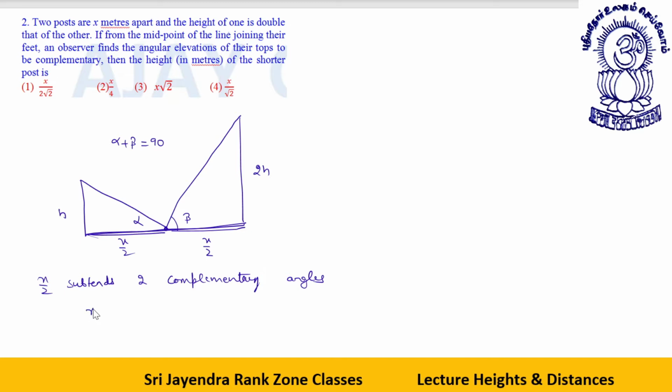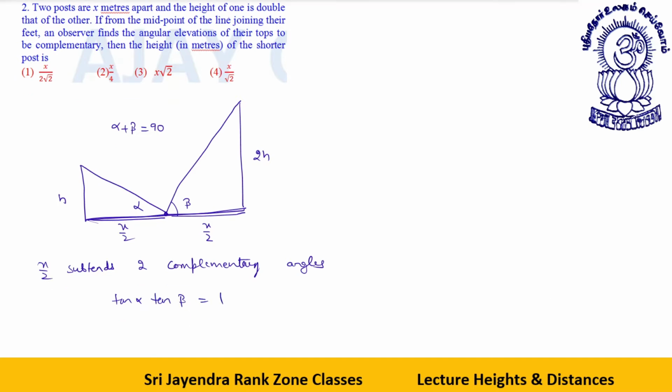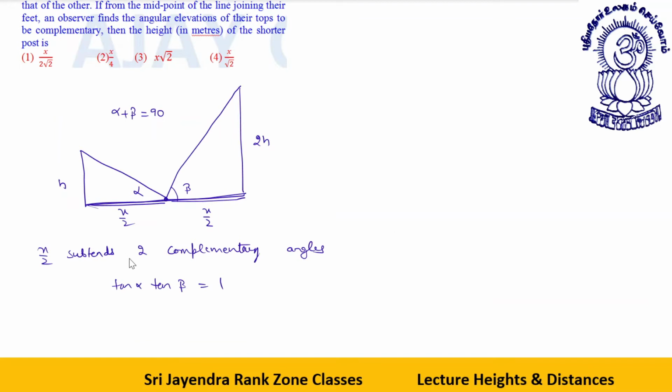Therefore, what will happen? Tan alpha into tan beta will be equal to 1. What is tan alpha? Tan alpha is h upon x by 2. Tan beta is 2h upon x by 2.